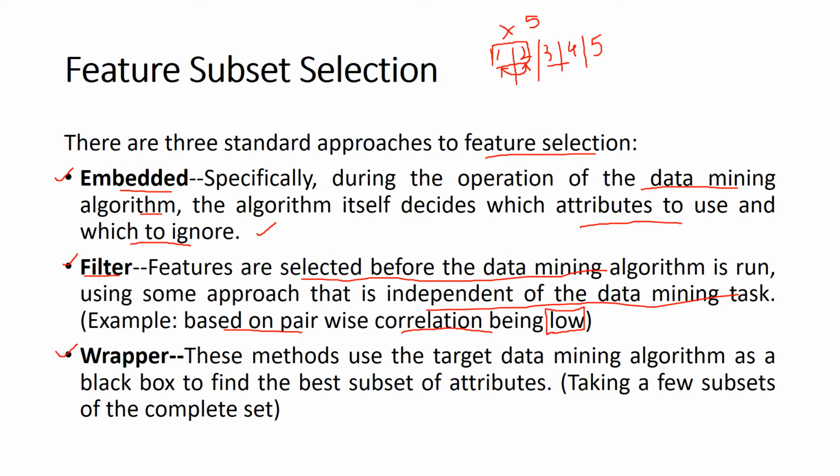Now coming to the next one, which is the wrapper approach. These methods target the data mining algorithm as a black box and find the best subset of attributes. We are going to run a number of possible subsets through the target data mining algorithm, which we expect to run.